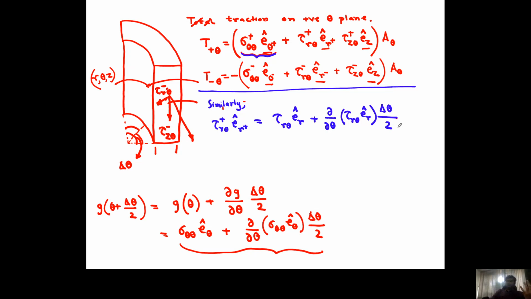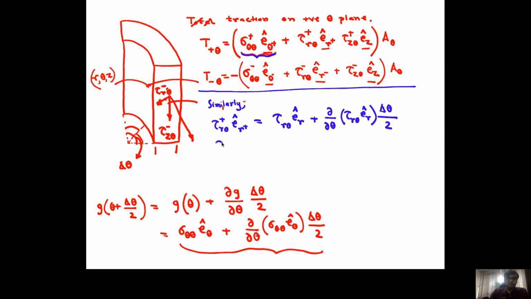What I'm not saying is that what I'm actually doing in all these things is ignoring the higher order terms. Although I'm not mentioning it again and again, it should be very clear to you that whatever derivation we are doing is by assuming only the first order Taylor series expansion. Okay. So anyway, this is tau r theta plus.